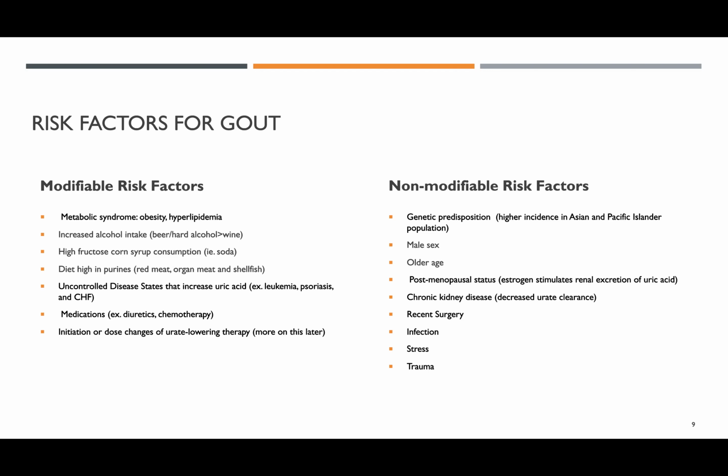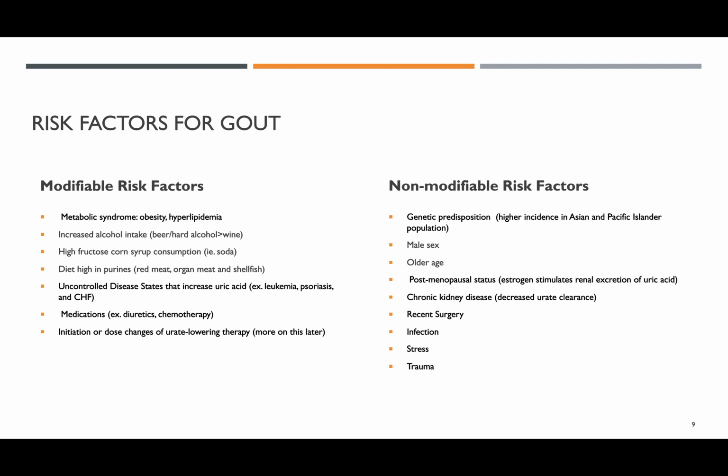High fructose corn syrup, usually taken in via soda, is a big propagator of gout flares. Diets high in purines, meaning red meat, organ meats, shellfish, things like sardines, super high in uric acid. Those are big triggers for people for flares.